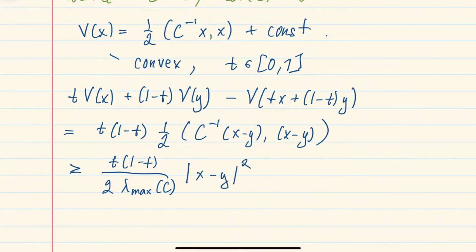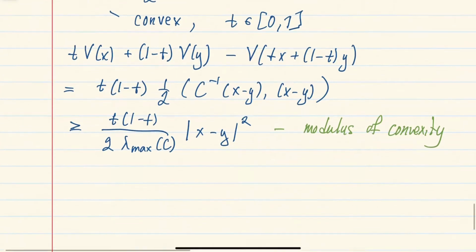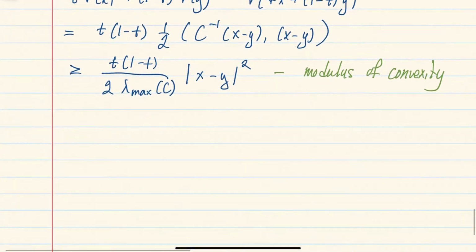We simply took the smallest eigenvalue of the inverse of C, which is just 1 over the largest eigenvalue of C. And so we wrote that the modulus of convexity of this quadratic form V can be controlled from below by this expression here. This observation will be important in the next proof.